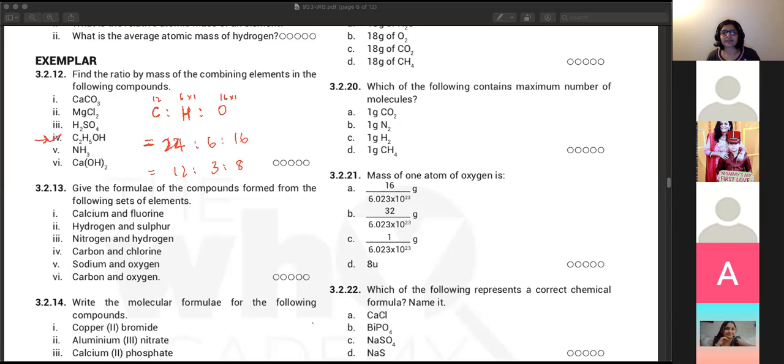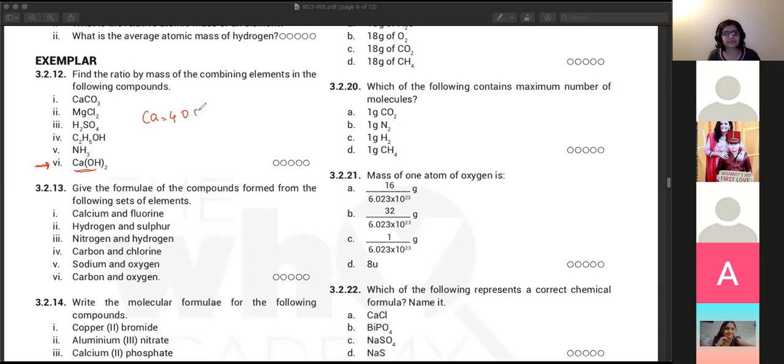Okay, next, the last one, the sixth one. Who can do the sixth one? Ca(OH) twice. Yes, Tashvi. So Ca, calcium, is 40.